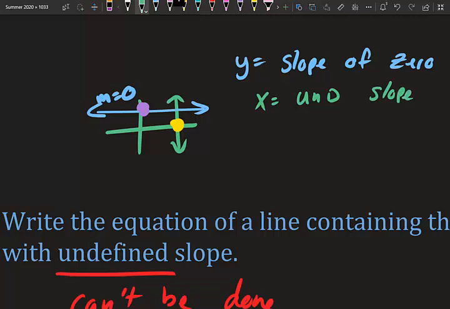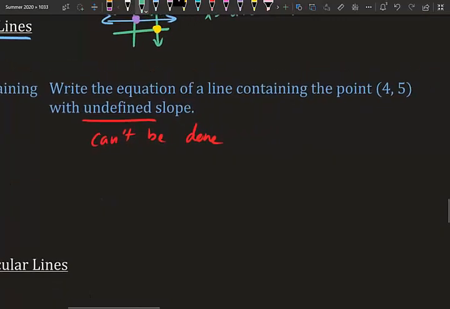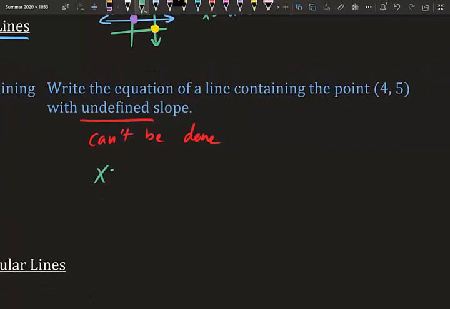How do I know the difference? Flat is 0 slope, meaning there's no up or down, there's no incline. I can walk a flat surface. An undefined slope is straight up and down. We cannot walk straight up and down, right? We can't just do like in Minecraft where we just start walking straight up. We can't do that. So that's why it's called undefined slope. So undefined slope is always going to be x equals, and the x in our point is 4.